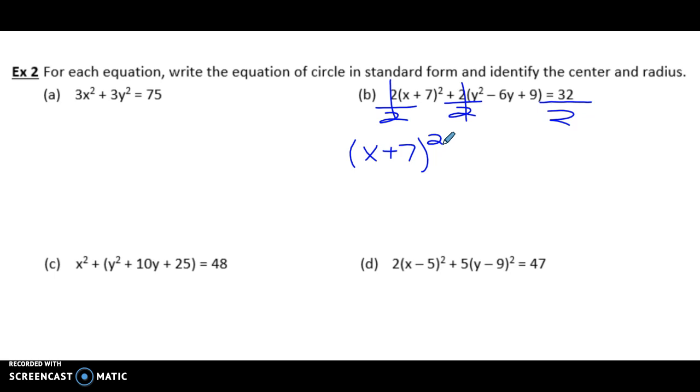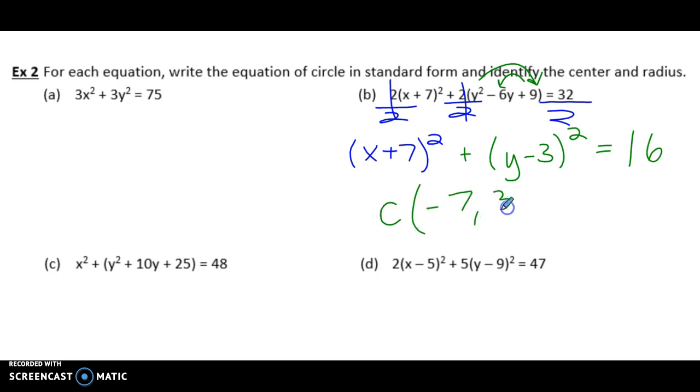They usually factor very easily. So what factors of 9, this is like your warm-up today, add up to -6? -3 twice, right? So I can write that as y minus 3 times itself equals 16. Which gives me a center of (-7, 3) and a radius of 4.